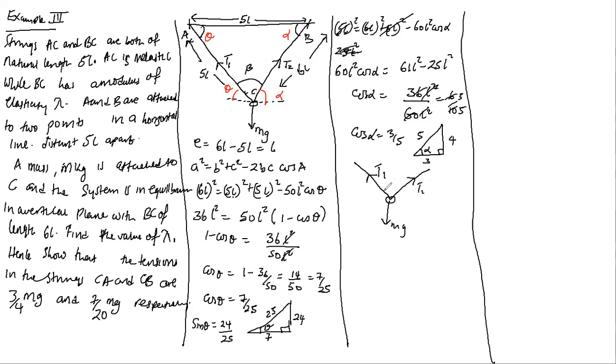So one can use lambda using beta, using 90 plus alpha, using 90 plus theta. So that sine of 90 plus theta over T2 is equal to sine of 90 plus alpha over T1 is equal to sine beta over mg.